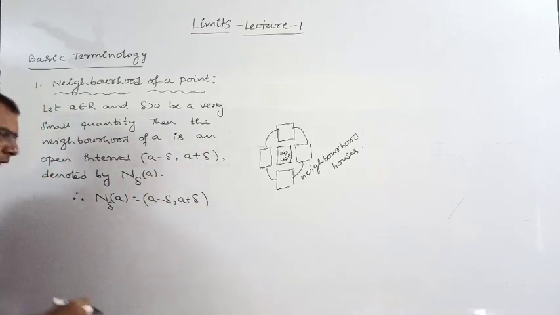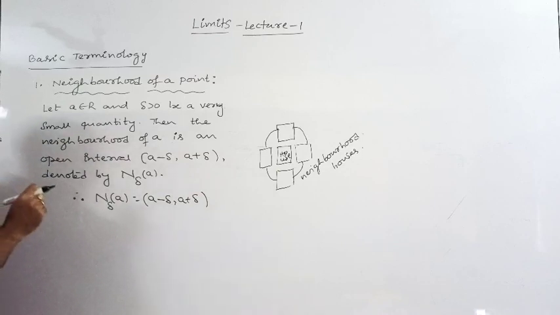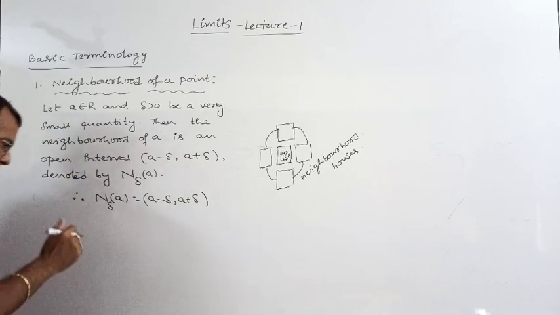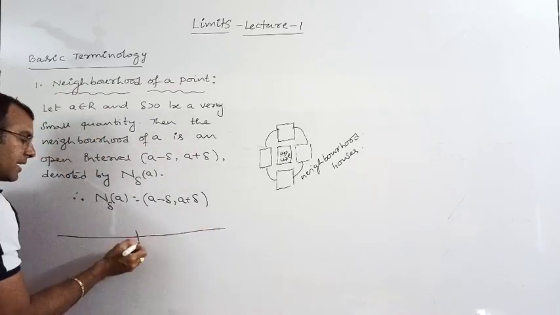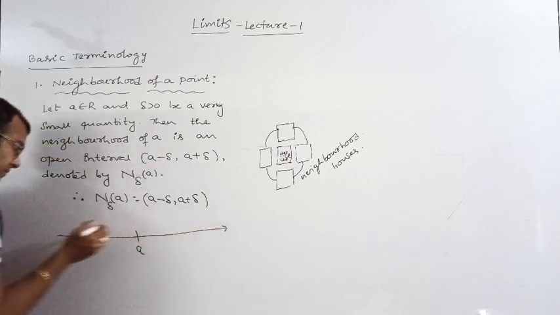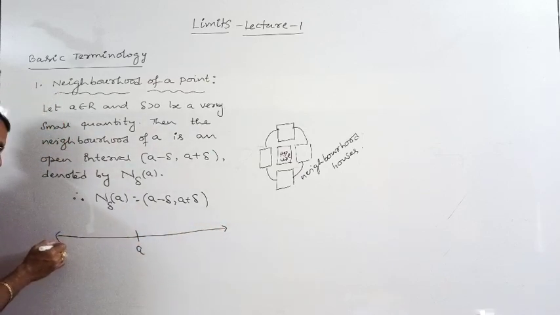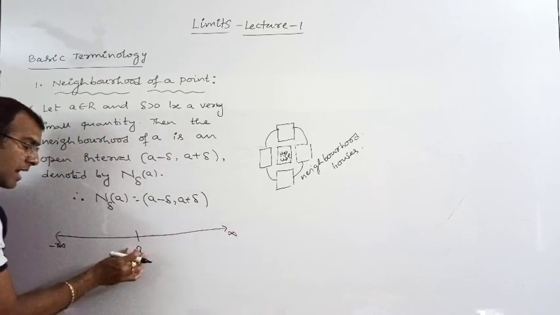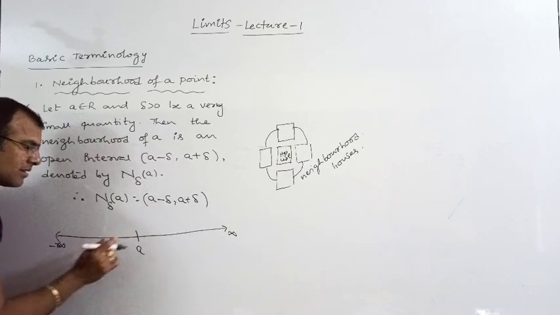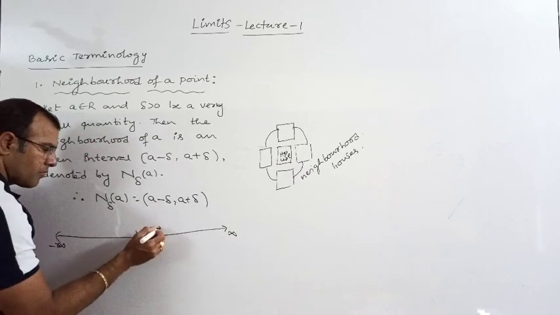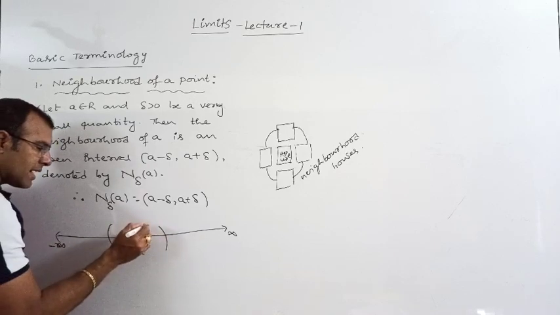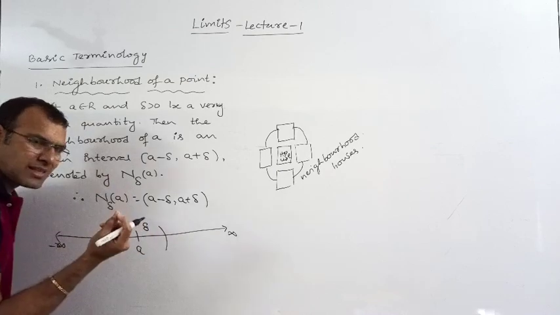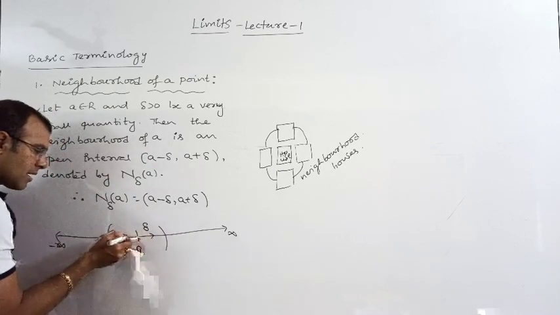I will explain each and every point very clearly. Here you see, this is the point a on the real line. The neighborhood of a on the real line means we are moving a delta distance, a very small distance, this side and this side.